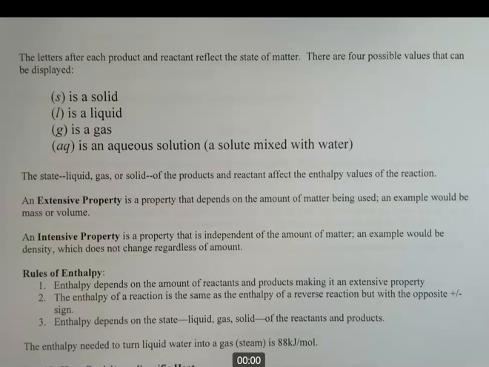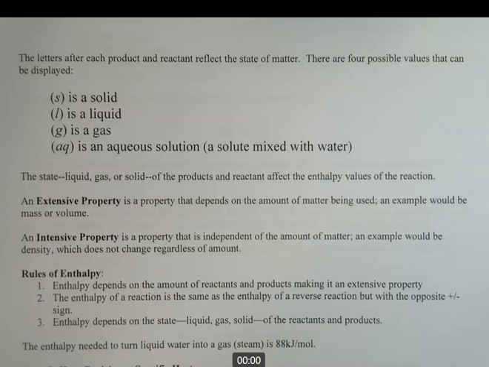Another couple terms to know in chemistry that are used from time to time. You're not going to hear these a lot, but you will hear them some, and they might even test you on these. An extensive property is a property that depends on the amount of matter being used. An example would be mass or volume. So the mass of a substance or the volume of a substance depends on how much of it you have.